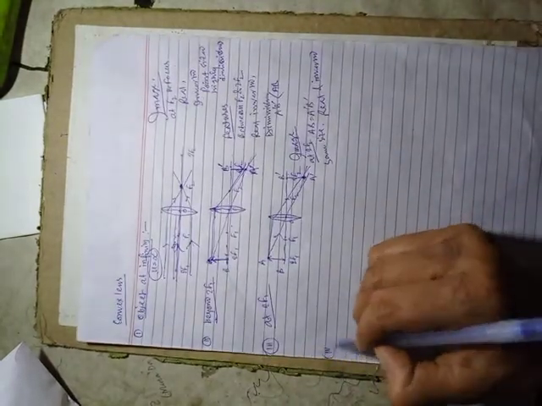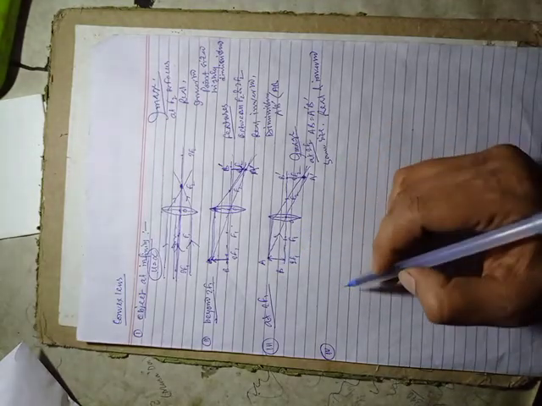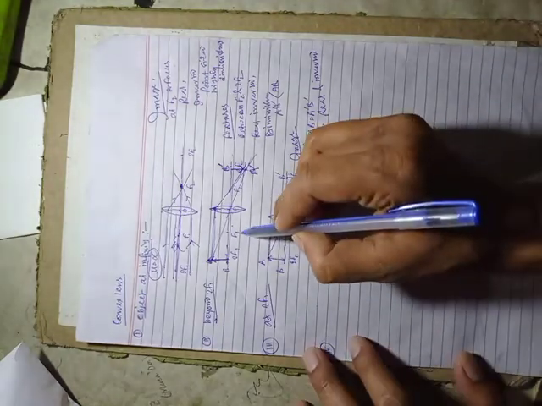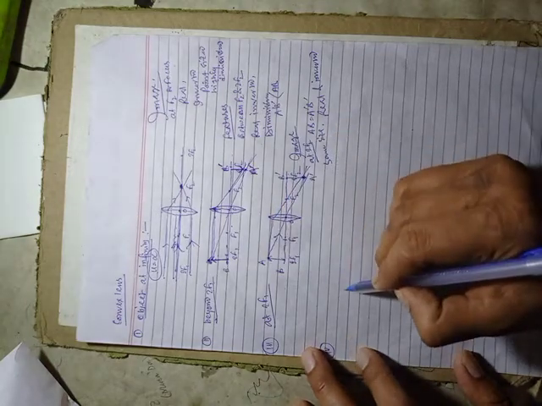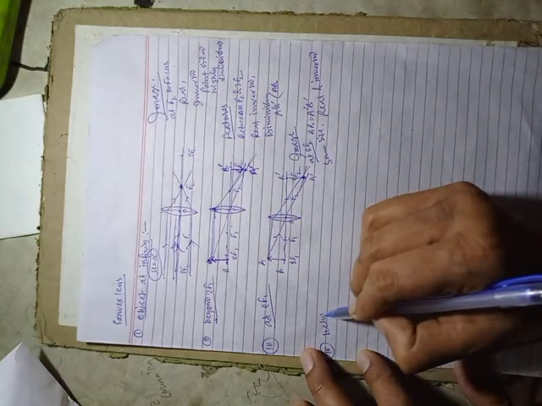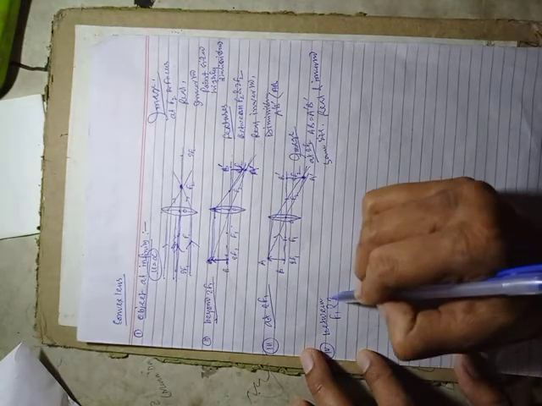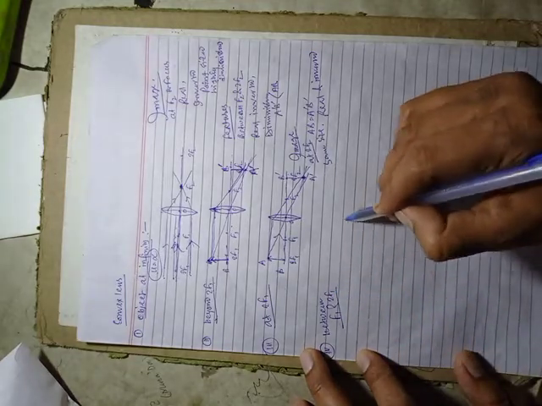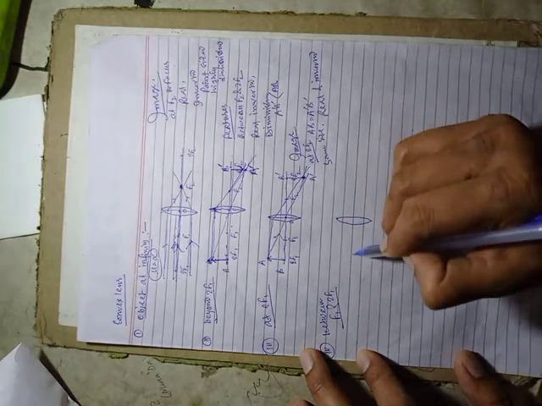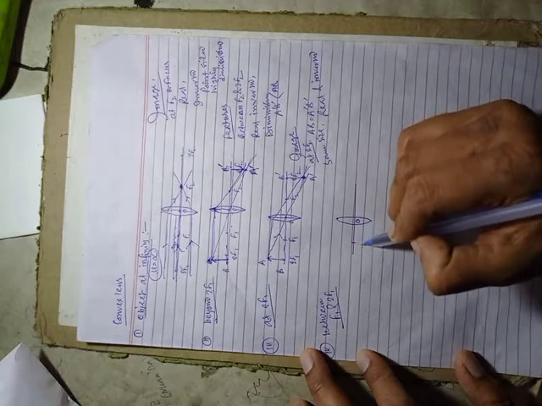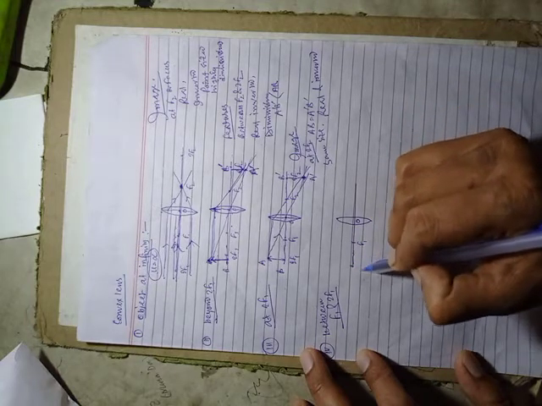Now moving to the fourth diagram. In this case the object is between f1 and 2f1. So draw once again: optical center, f1, 2f1.